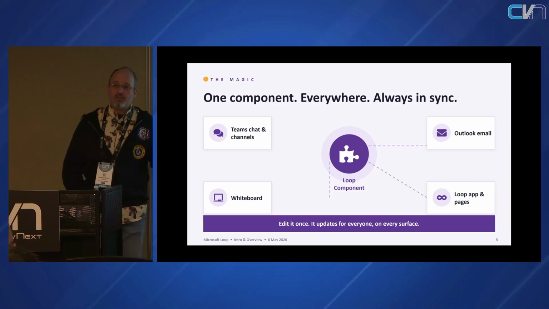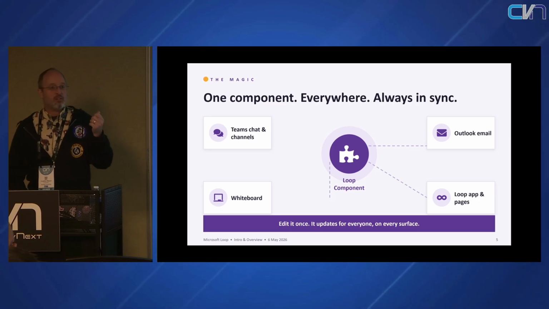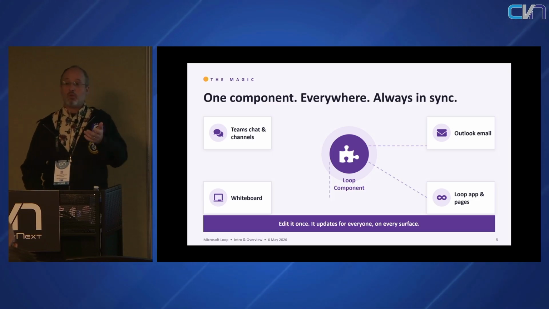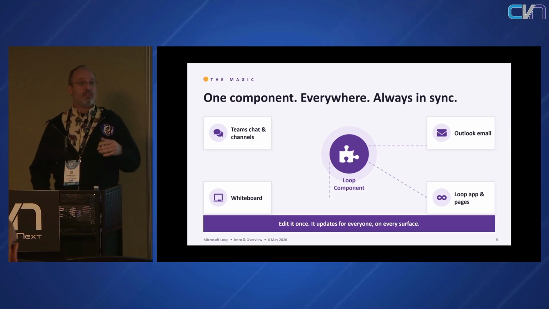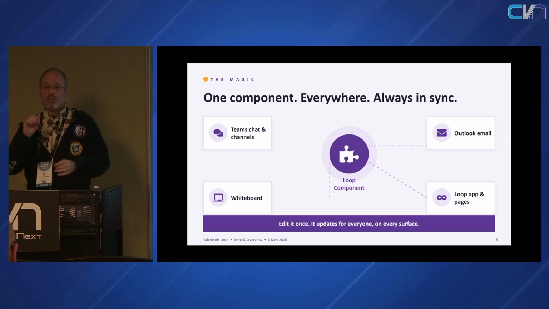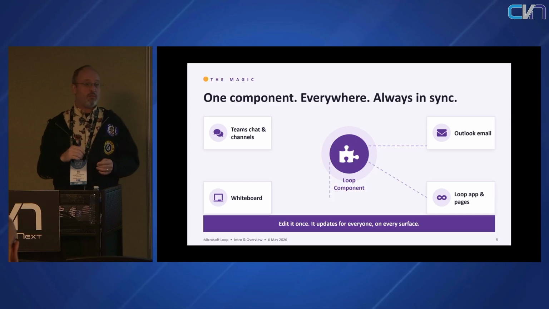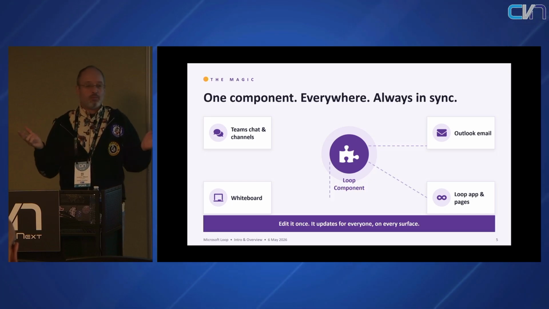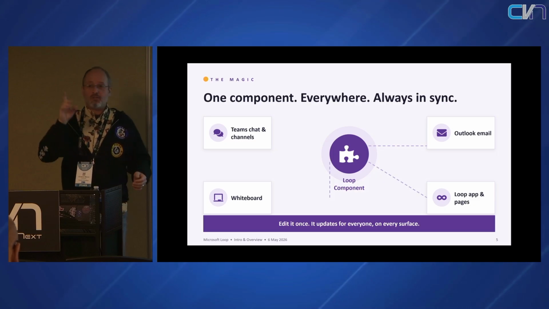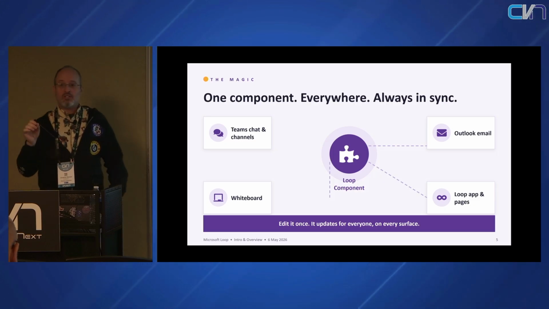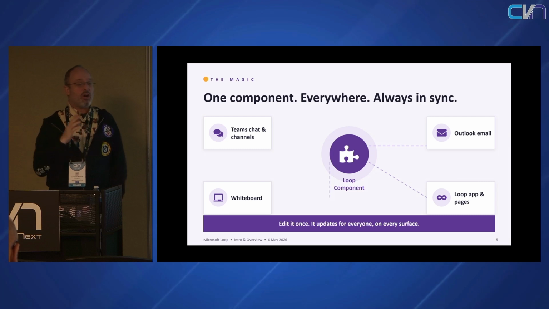And we come down to the point that we're ready to assign tasks or vote. Let's start with voting. So in Whiteboard, we grab a loop component for a voting table. And we've got 10 people on the call. We put our different ideas into the voting table, and everyone writes the pros and cons simultaneously. So we're co-authoring.